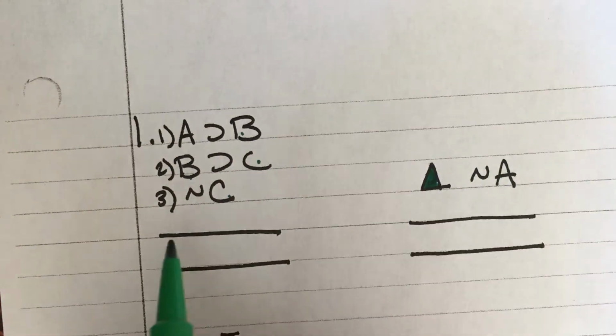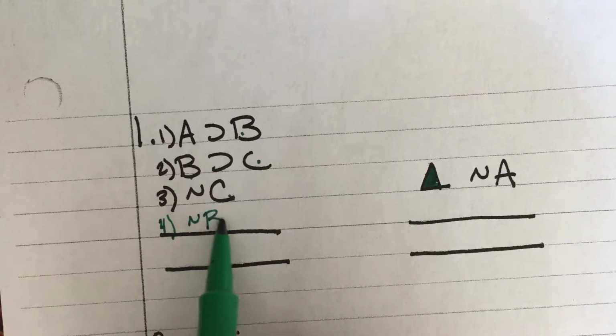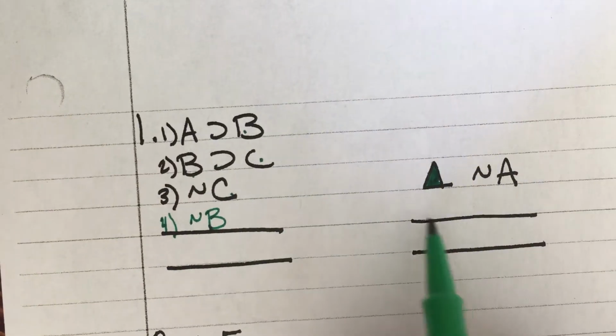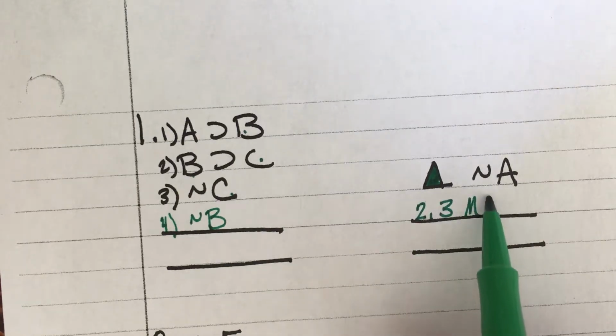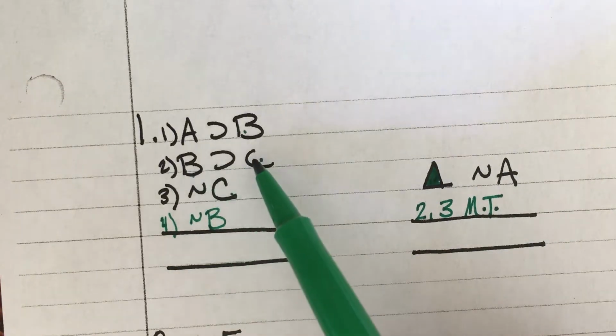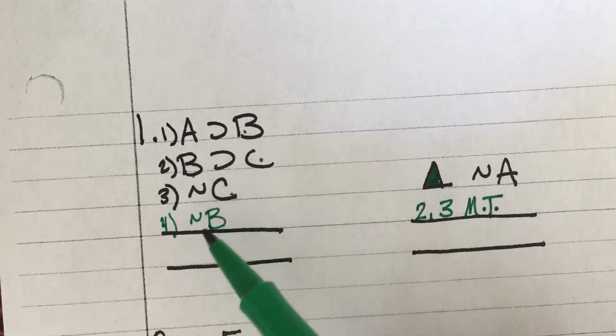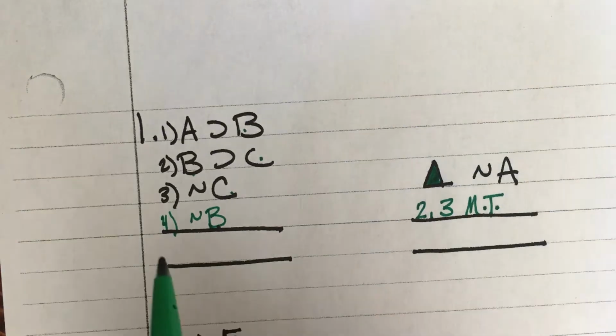So what we're going to write first is number 4, not B. And we got that by 2, 3 modus tollens, right? If B, therefore C, not C, therefore not B. So now we get to just do it all over again.